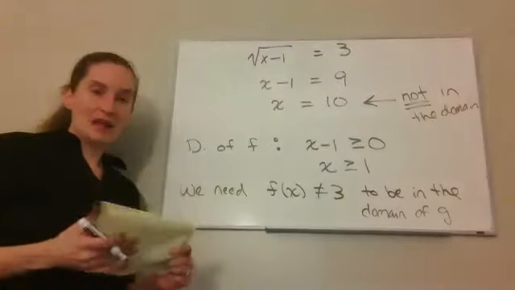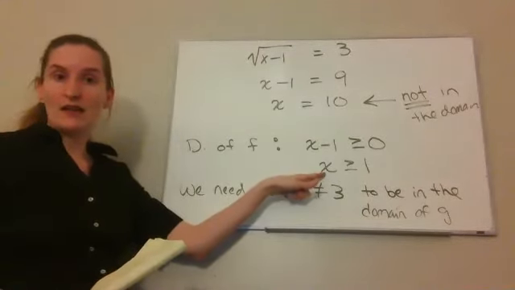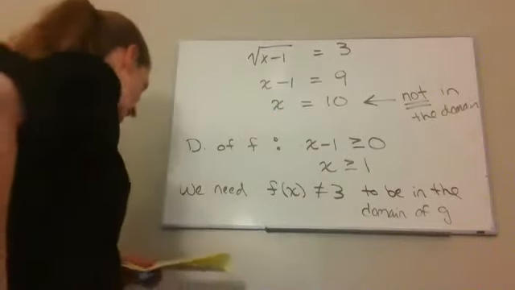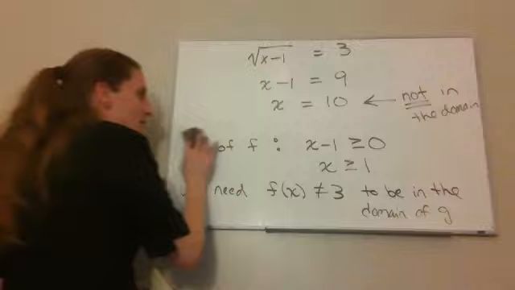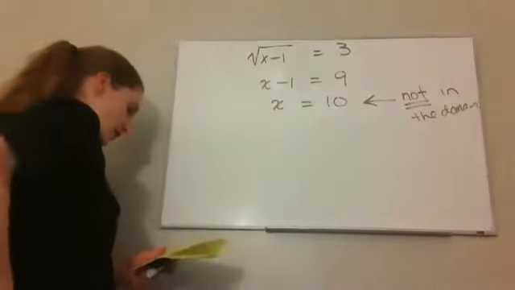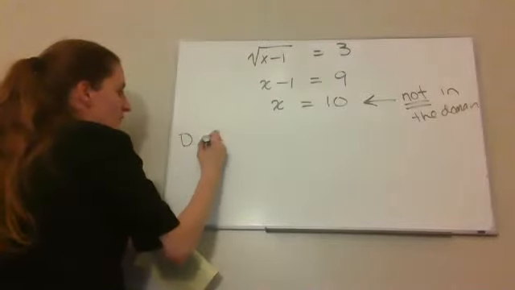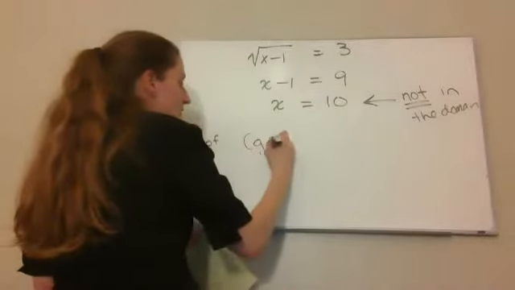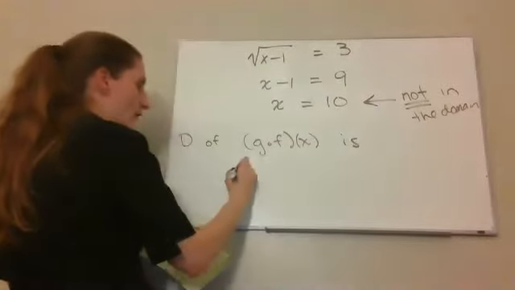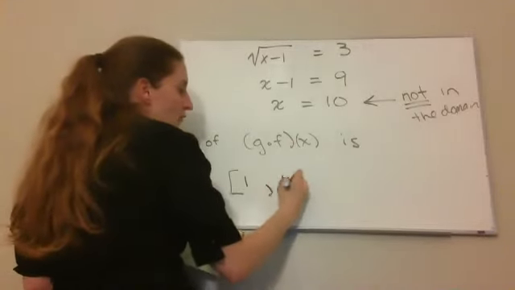So my domain is going to be all of the values greater than or equal to 1 that are also not equal to 10. So we just have to write that in interval notation. My domain of g of f is all of the numbers bigger than or equal to 1 that are not equal to 10.